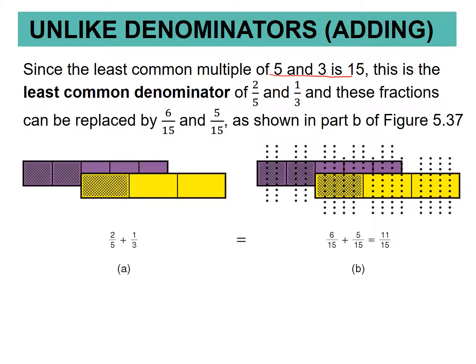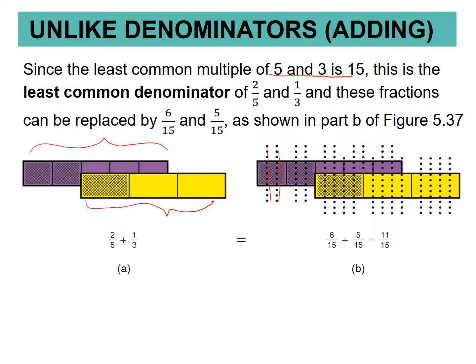So what I want to do is divide each of these bars, the purple and the yellow, into 15 pieces. If I take the purple bar and divide every small piece into 3 pieces, then I'm going to have 15 pieces altogether.